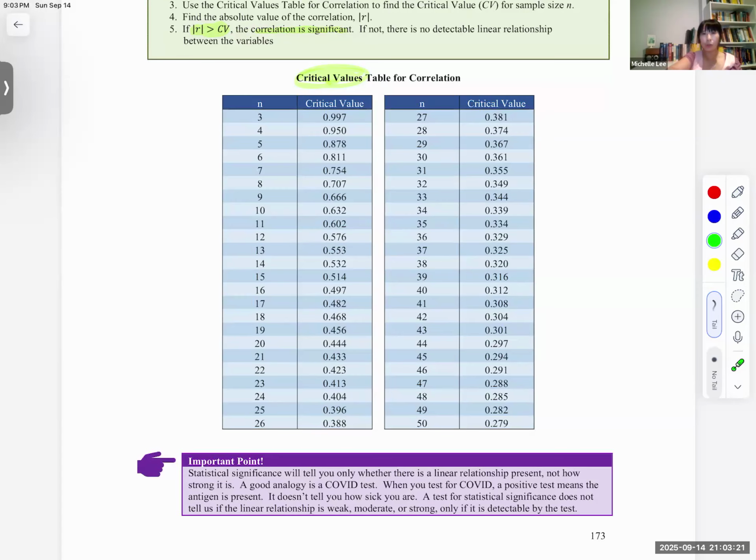Let's do examples so that we fully understand what is statistically significant.